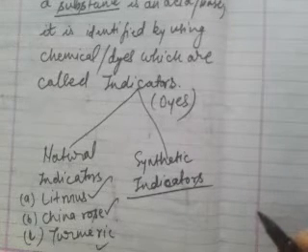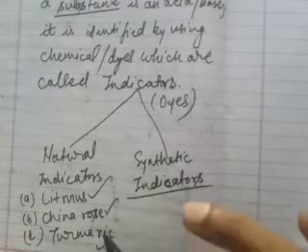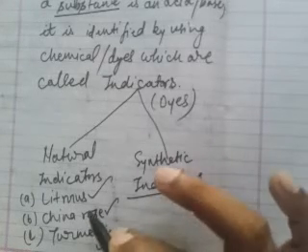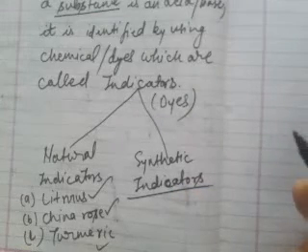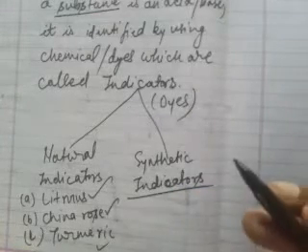How can we indicate these substances? Litmus, China rose and turmeric are used. How can they detect whether a substance is an acid or a base?